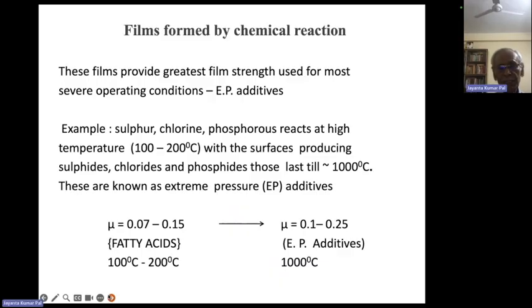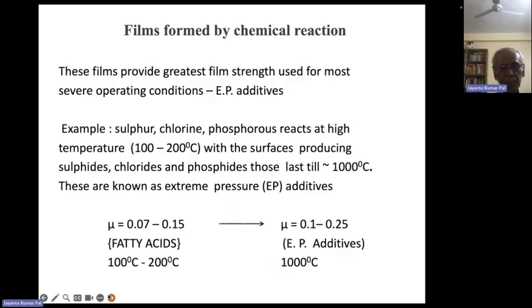But with the EP additives, sulfides, chlorides, phosphides, etc., the films can retain up to thousands of degrees centigrade, and the coefficient of friction will be of the order of 0.1 to 0.25.